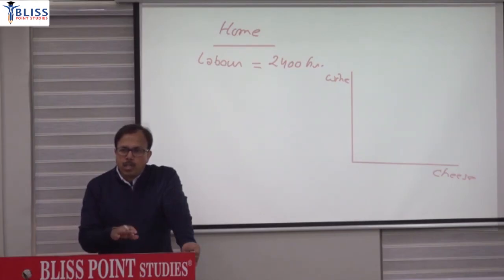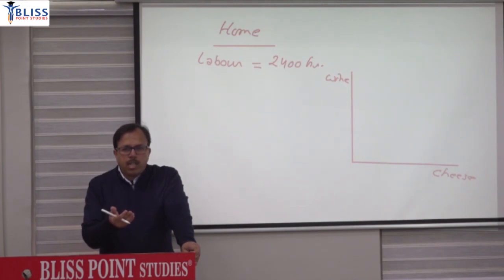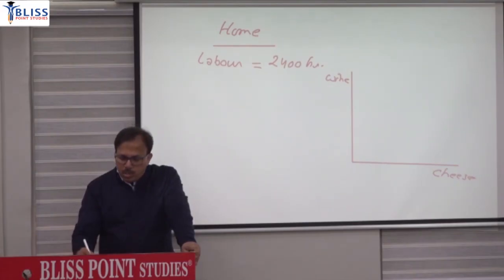In that 2400 hours of labor, how much quantity of cheese can be produced? That will depend upon the productivity of labor, that is, how much time it takes to produce one unit, or in 1 hour how much quantity you can produce. That depends upon that.